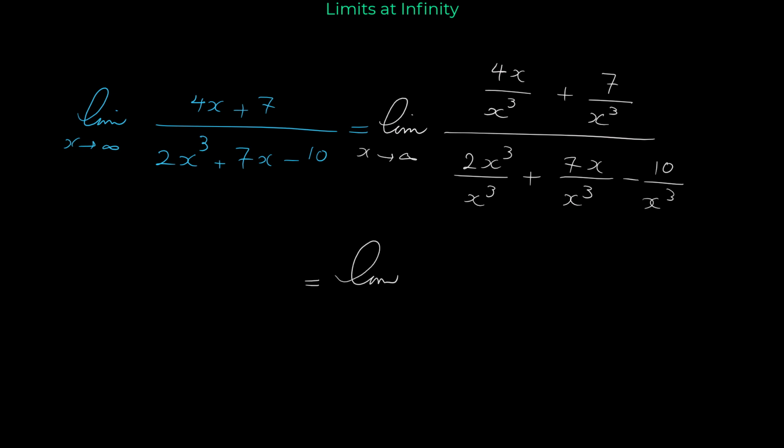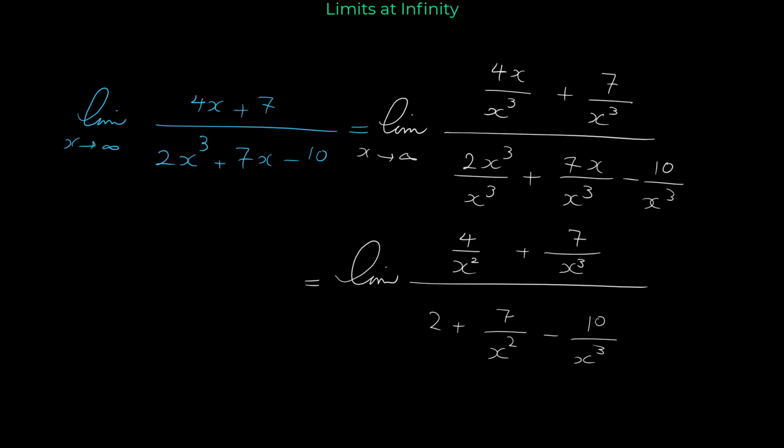Let's simplify. 4x over x to the 3 would be only 4 over x2. 7 over x to the 3. In the denominator we have only 2 plus 7 over x2 minus 10 over x to the 3, and x approaches infinity.